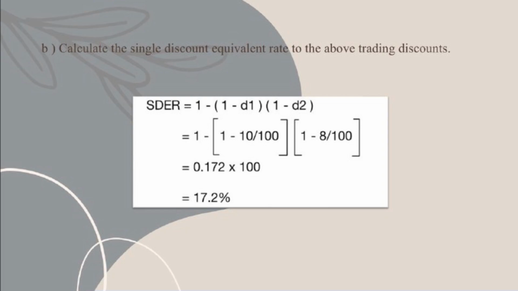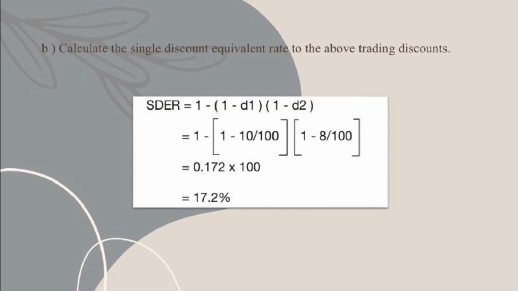For question B, calculate the single discount equivalent rate to the above trade discount. So, the formula: single discount equivalent rate equals 1 minus in bracket 1 minus D1 times in bracket 1 minus D2. Next, 1 minus in bracket 1 minus 10 over 100 times in bracket 1 minus 8 over 100.